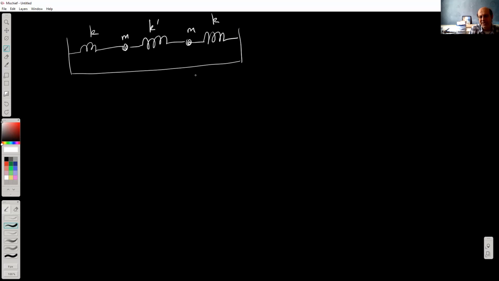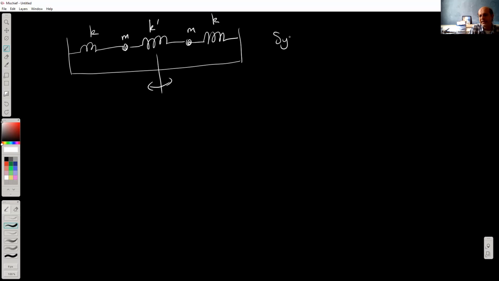Perhaps I could have thought about them as blocks. In any case, the masses are the same, and these two spring constants are the same. That's the reason why we have a symmetry. We have a left-right reflection symmetry here, basically.